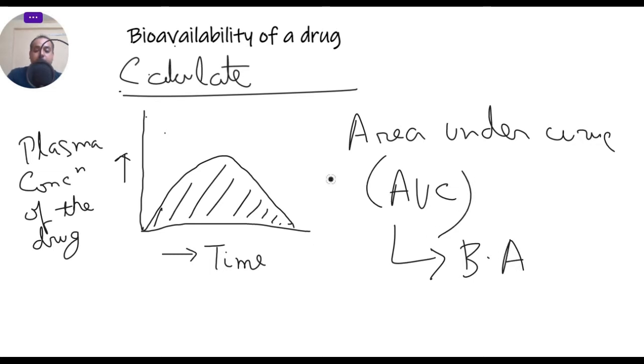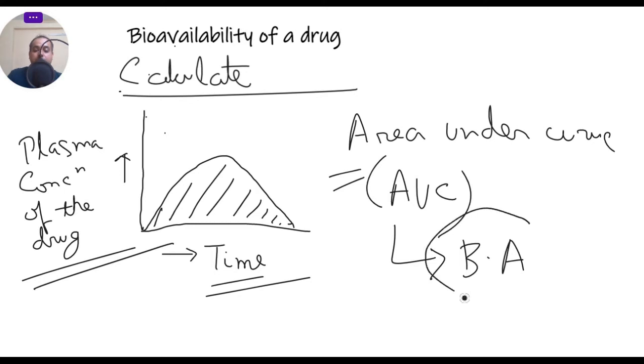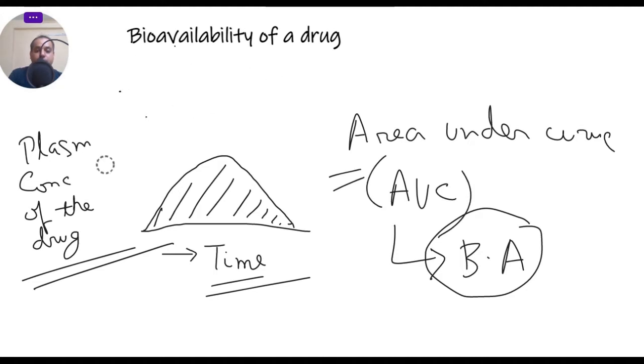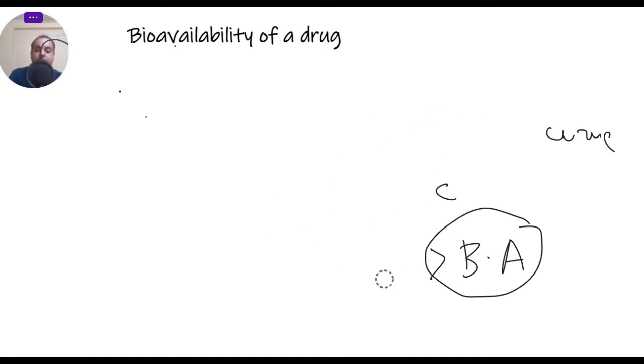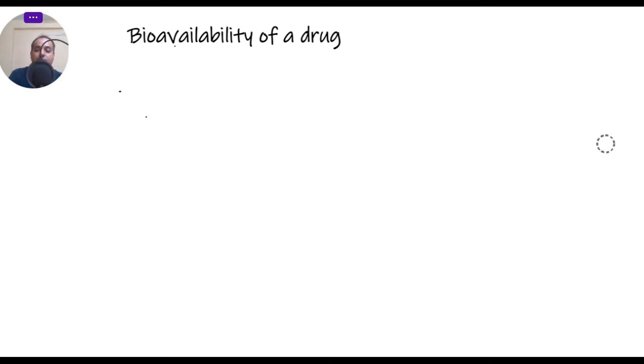So the area under the curve of a graph plotted between time and the plasma concentration of the drug will give you the bioavailability of the drug. Okay. So far we have learned about three things. The first one is what do we mean by bioavailability? The second one is how can we express it? And the third one is how can we calculate it?